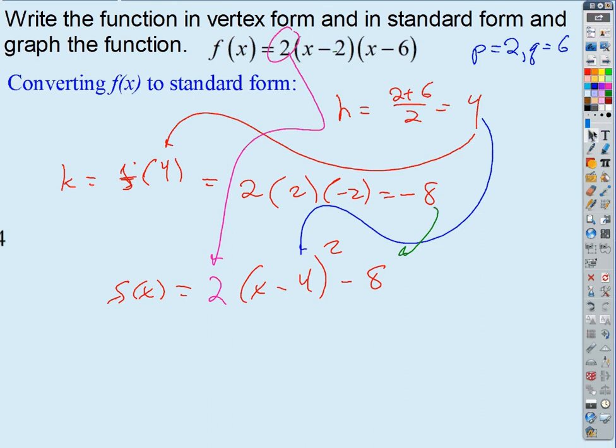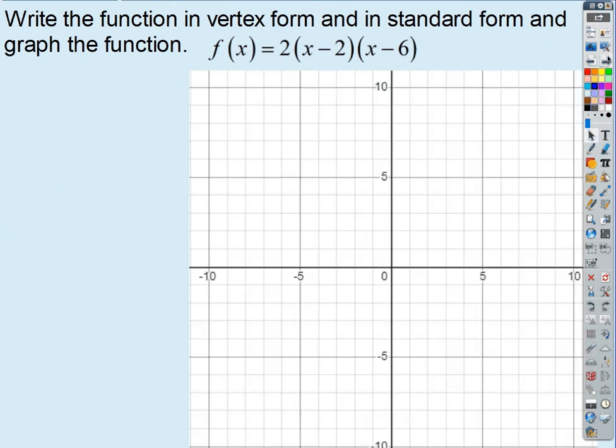Make sense? And then we could graph this thing however we wanted to. Let's do it real quick. What are p and q? 2 and 6, which means that the axis of symmetry is halfway in the middle. So you can even just see visually that the axis of symmetry is x equals 4.